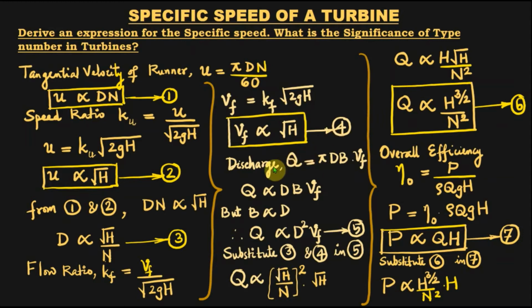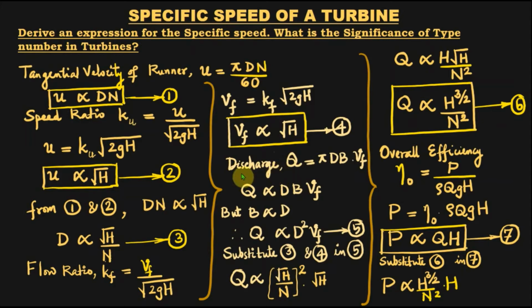Now consider the expression for discharge applicable for Francis turbines. You can make use of the discharge expression for any other turbine, but the result will be the same, but the modifications will be different. It is easy for us to consider the discharge expression of the Francis turbine.